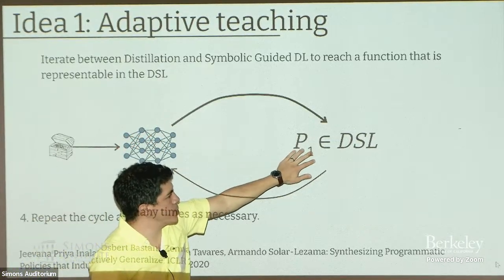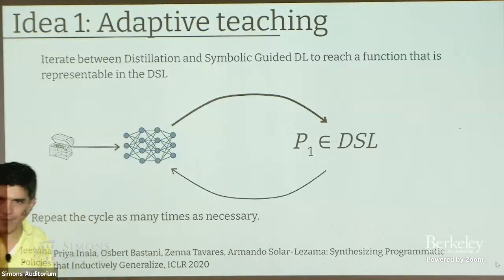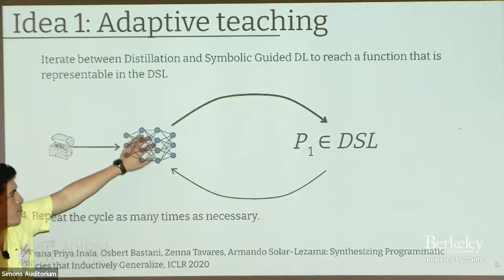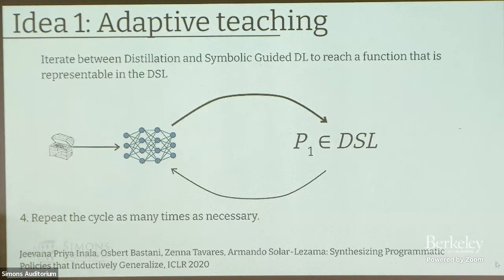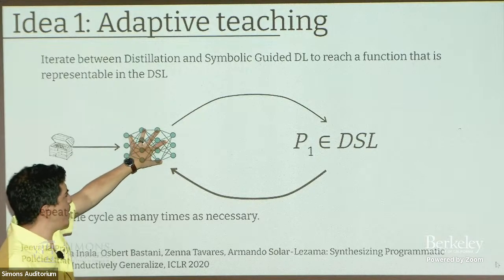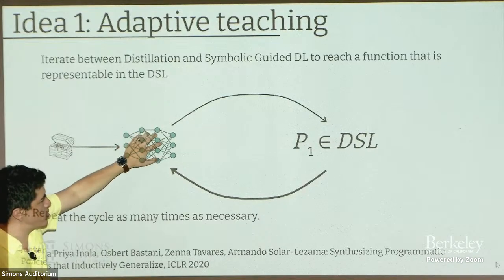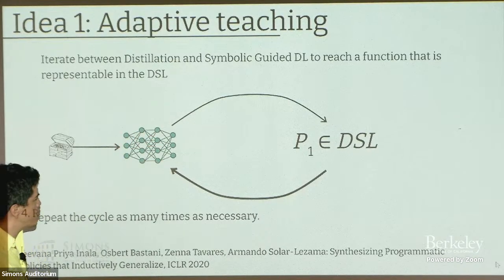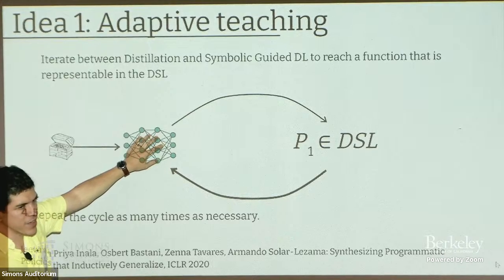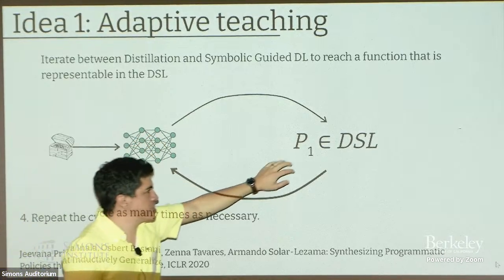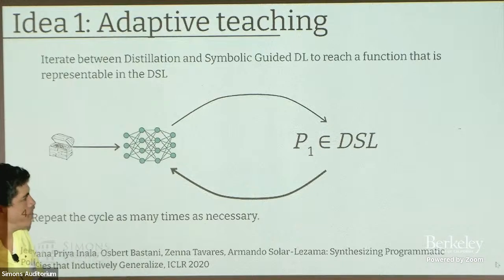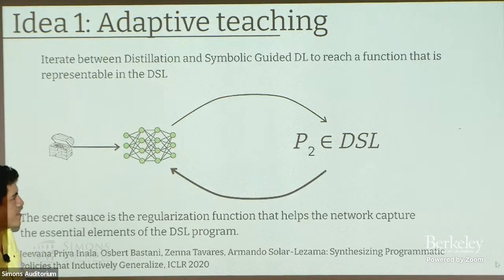and we can use that to produce a new program in the DSL, hopefully a better program, one that is able to more closely match the behavior of the neural network, right? And so you can keep doing that again to now use the information in this program as regularization when you're training this neural network to get behavior out of the network that captures the features that make these representable in the DSL.